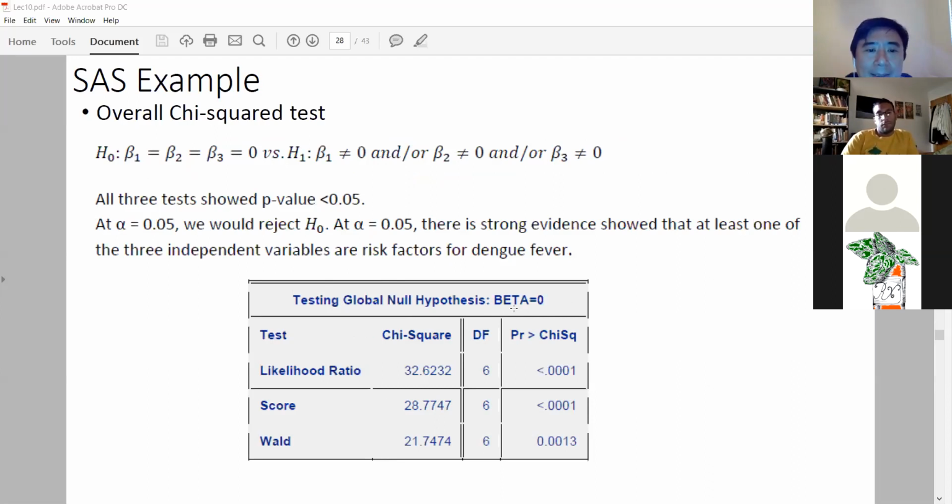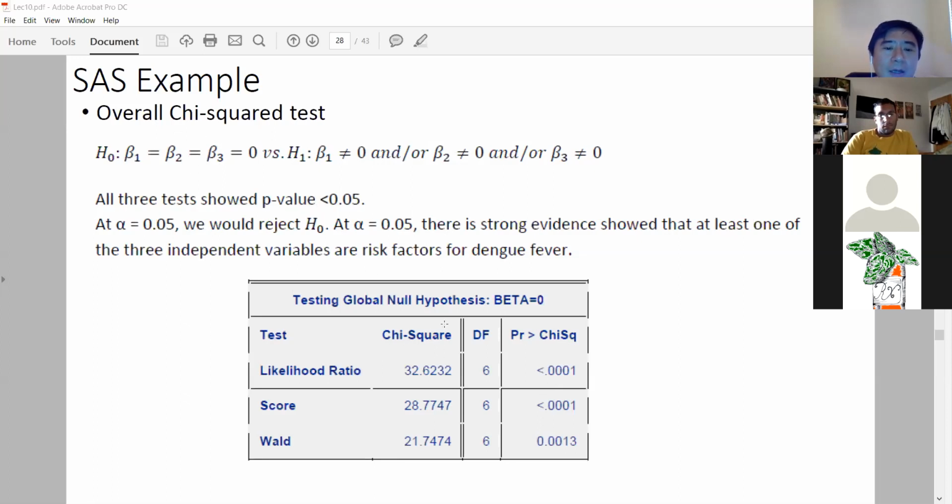But here we don't use the F test because we use likelihood. Across all these different models, we use a chi-square test, because the likelihood ratio or the Wald test follows a chi-square distribution.